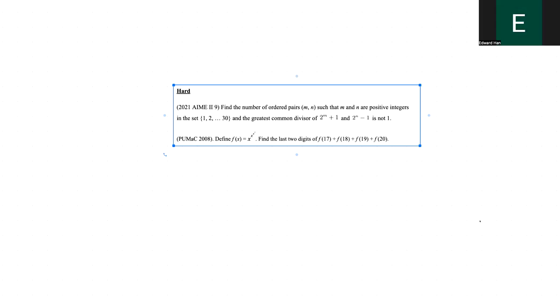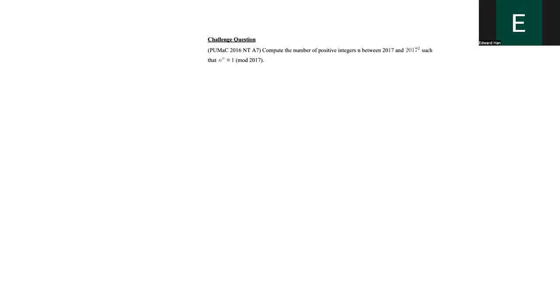And then for the challenge questions, I'm going to give slightly more hints since it's a challenge question. The general idea is that you use CRT with Euler's theorem, and then you can think about it a little.